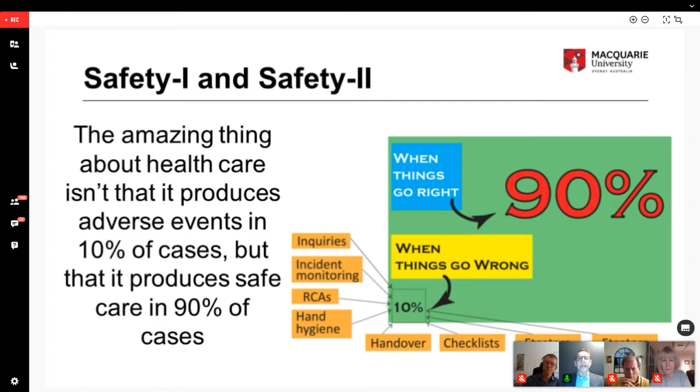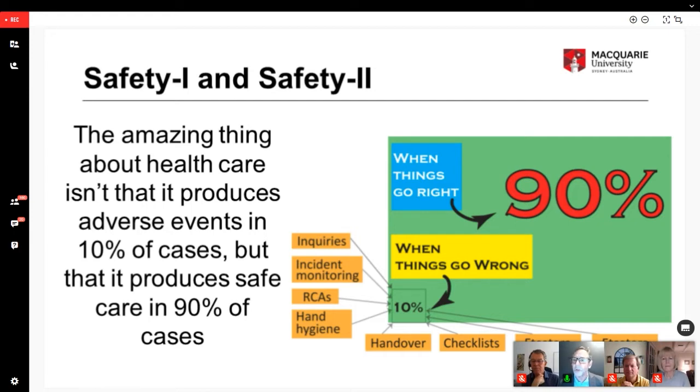So if you want a snapshot slide, this is the one. I'd like to claim, perhaps extraordinarily for some people, that the amazing thing about healthcare isn't that it produces adverse events in 10% of cases, although that's remarkable and obviously something that we have been working on and need to work on further. But the amazing thing about healthcare is, in a system this complex, it produces safe care in 90% of cases.